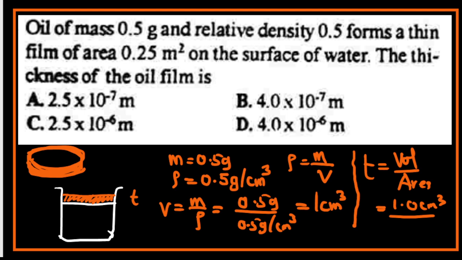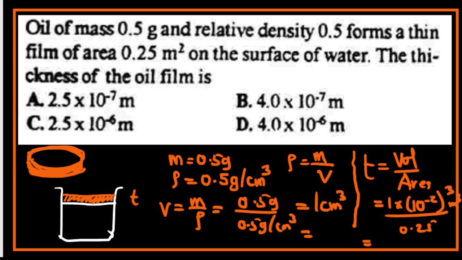Now you will notice that the area was supplied in meter cube, so you need to do some conversion, either taking the area to centimeter square or taking the volume to meter cube. Let's work with the volume. The volume is 1 cm cube. The word centi means 10 raised to minus 2. So I have 1 times 10 raised to minus 2, all in a cube, divided by 0.25.